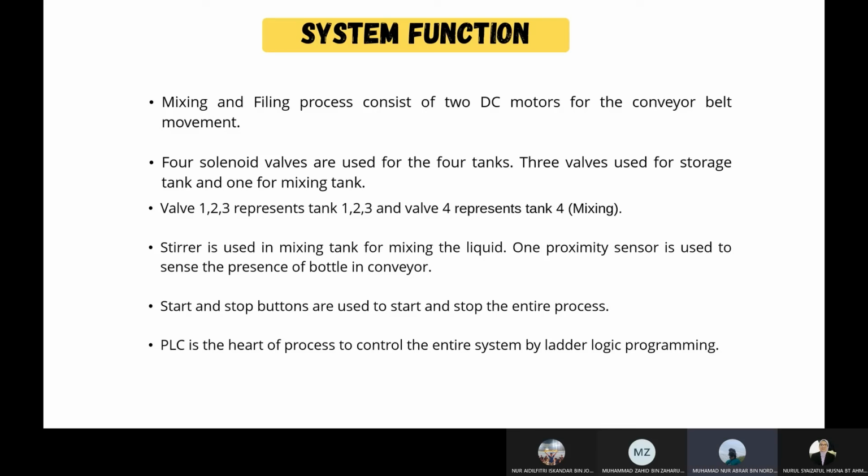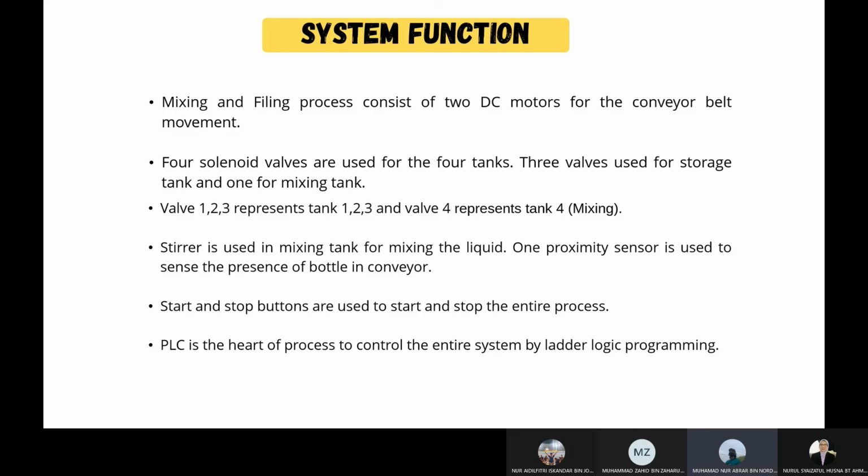Valves 1, 2 and 3 represent tanks 1, 2 and 3, and valve 4 represents tank 4, which is the mixing tank. Furthermore, a stirrer is used in the mixing tank for mixing the liquid. One proximity sensor is used to sense the presence of the bottle on the conveyor. Then, start and stop buttons are used to start and stop the entire process. Last, the PLC is the heart of the process, controlling the entire system by ladder logic programming.